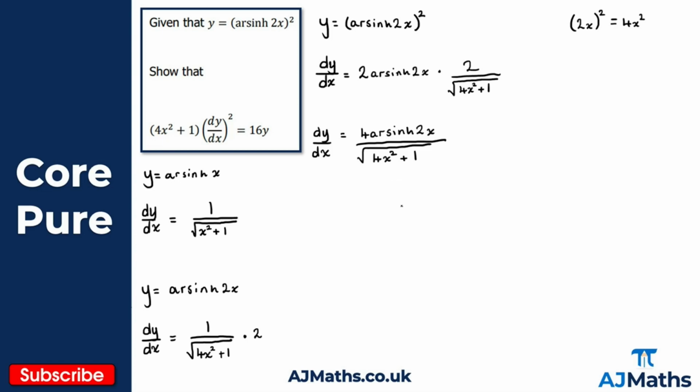What I'm going to do to begin with here is multiply through on both sides by the square root of 4x squared plus 1. So therefore, what we're going to get here is the square root of 4x squared plus 1 multiplied by dy by dx, like so. And that's going to be equal to 4 arsinh 2x.